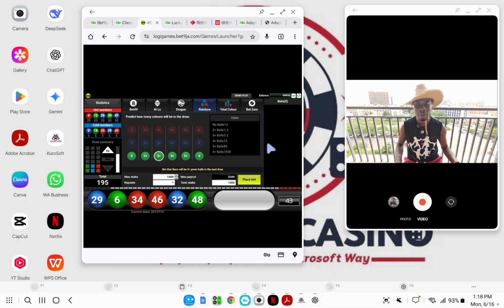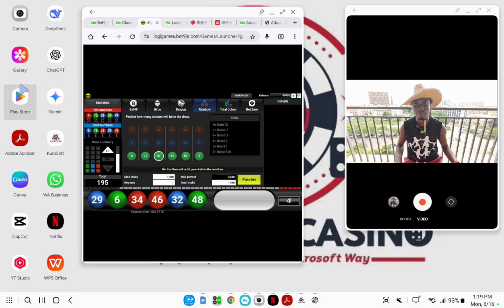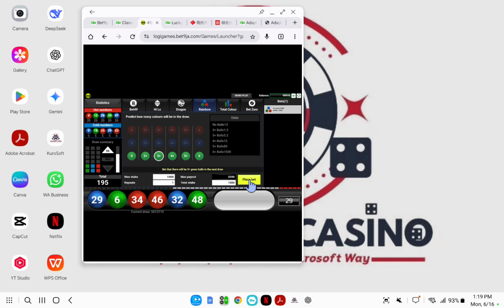Okay, you can see that it's still an unknown winning color. So since it's an unknown winning color, we can keep trading. In a situation like this, so long as it has not shifted position to any other color, keep trading.